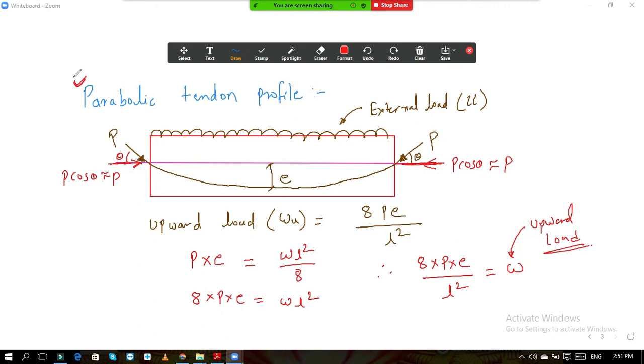That is the one single numerical that we will solve by the strength concept, by the load balancing concept, and by the stress concept. All the three concepts we will apply on the same numerical and solve it. So these types of problems will be asked in the examination.